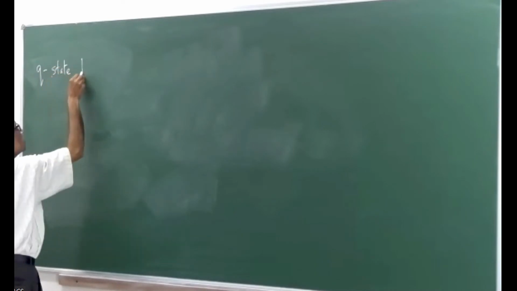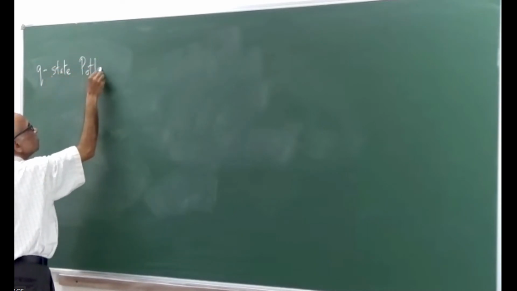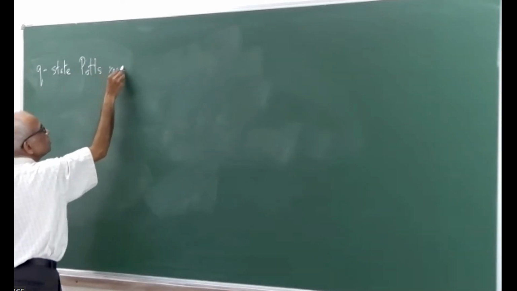Before I start talking about models on the continuum, the other model that I need to tell you about, since a lot of literature can be found on it, is the Q-state Potts model.